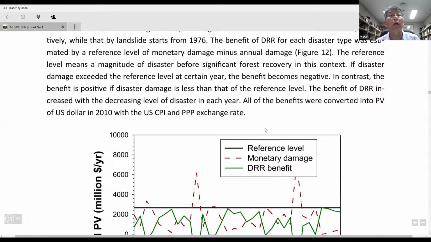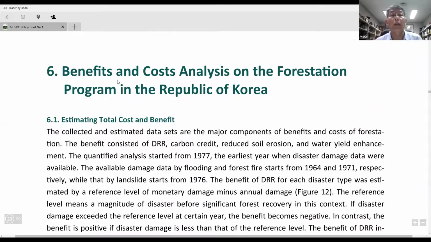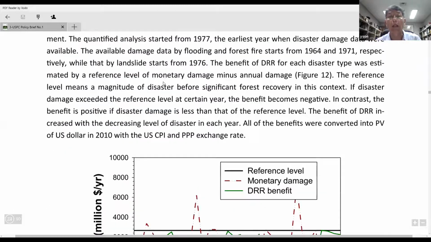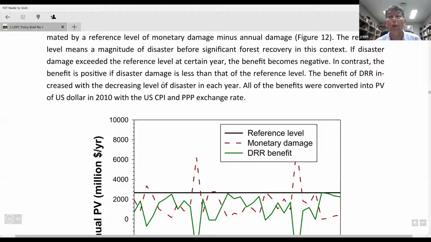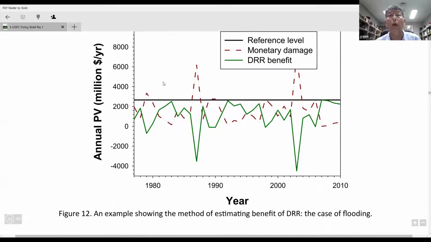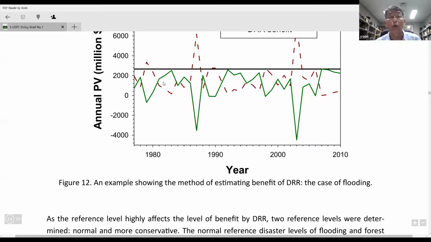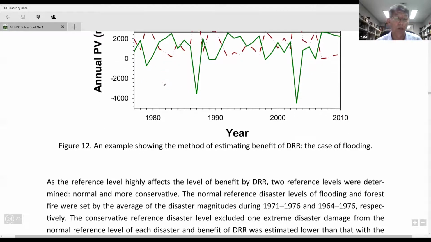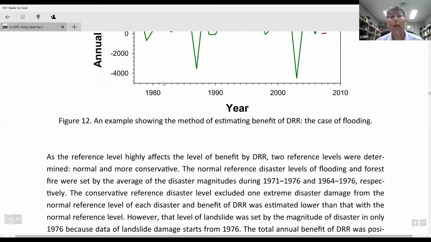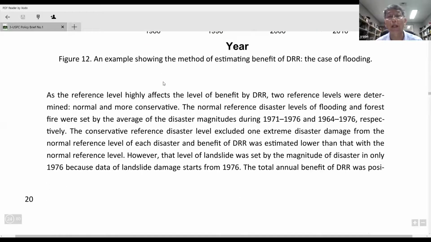Okay, and then benefit and cost analysis. I explained these, and we need to set the reference level. I explained the two reference levels, normal and conservative reference levels.